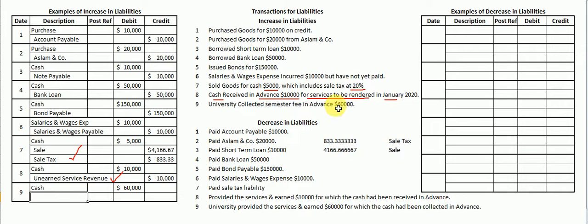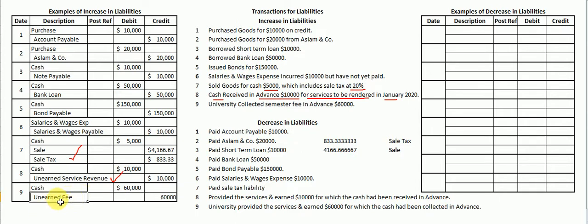So once the semester is not yet finalized, or the university has not yet provided the services, then you can say this is called unearned fee.